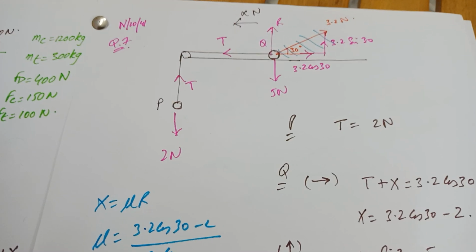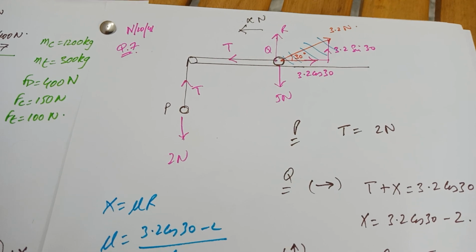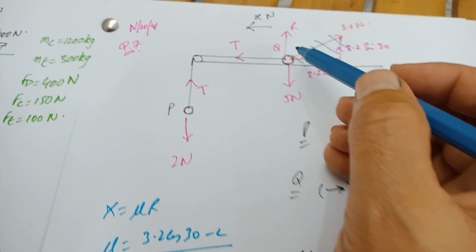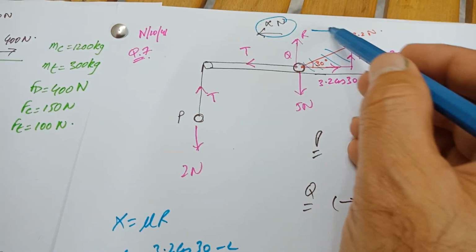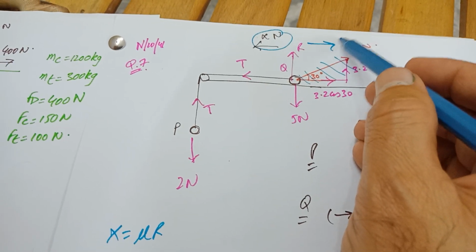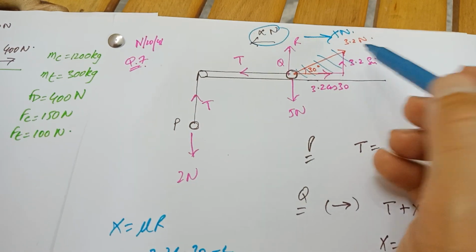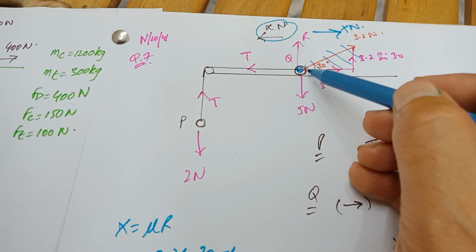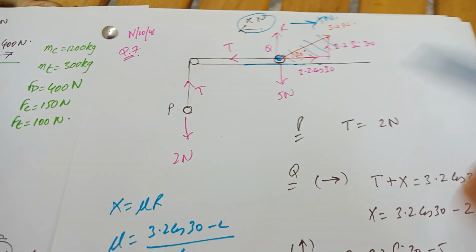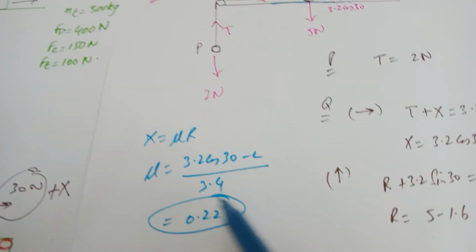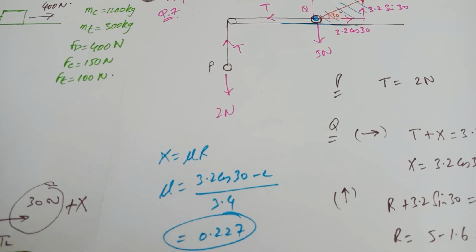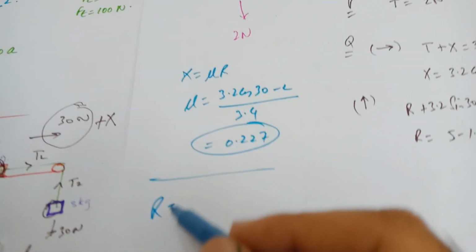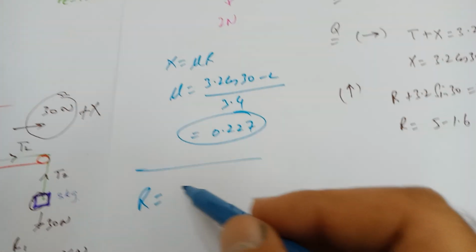Now we're given that P is going to move downwards. That would mean the frictional force would now be acting towards this side. Since the particle Q and this surface are the same, this mu can still be used. But for the second part, R is simply going to be 5 now.